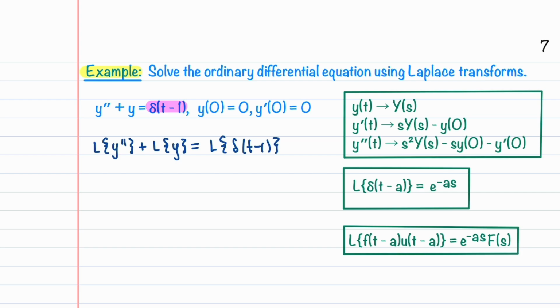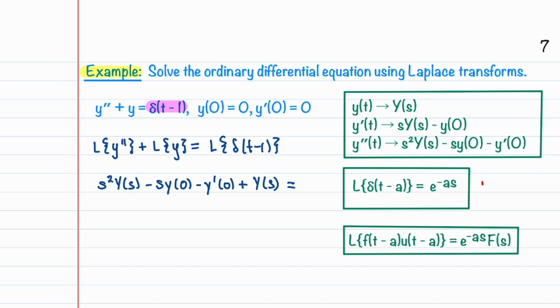I've written the formulas for taking the Laplace transform of a derivative over here on the right, and this gives us s squared capital Y of s minus s little y of 0 minus little y prime of 0 plus the Laplace transform of y, which is capital Y of s.